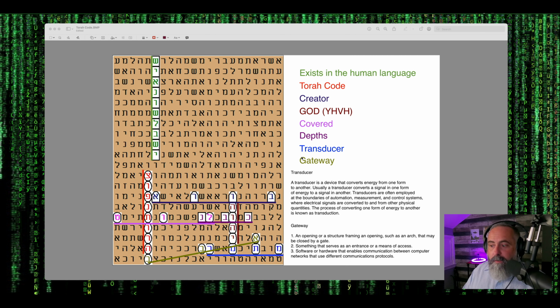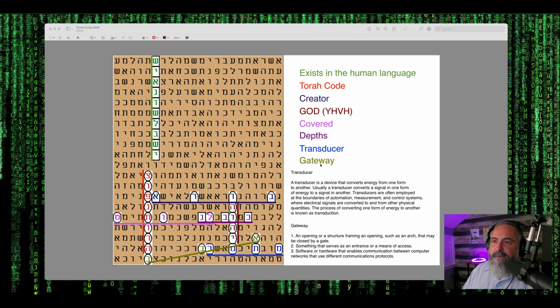And the whole entire simulation acts as a transducer. It is converting one form of energy into this form of energy that we see all around us, that we take for granted, I guess, as being real. That this reality, that everything we're looking at is real, but it's all part of the simulation.